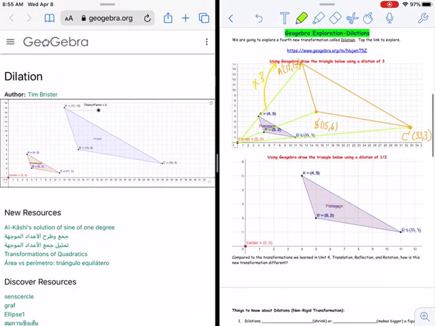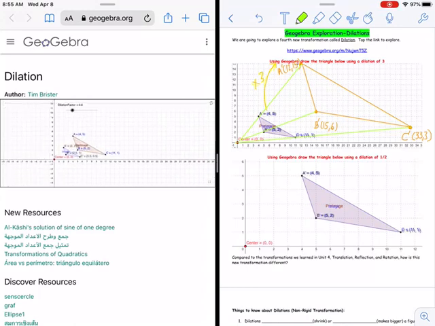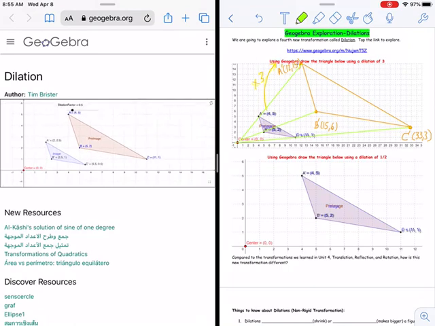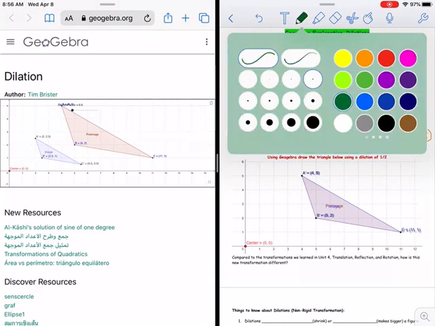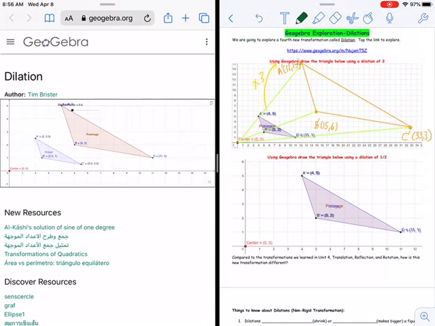All right. Now the next one says we're going to do the same thing, but we're going to do it with a dilation of 1/2. So I just slid it all the way down to 0.5. And let me see if I can expand this a little bit. But notice how the image is now getting smaller. All right, so A is 4, 5.